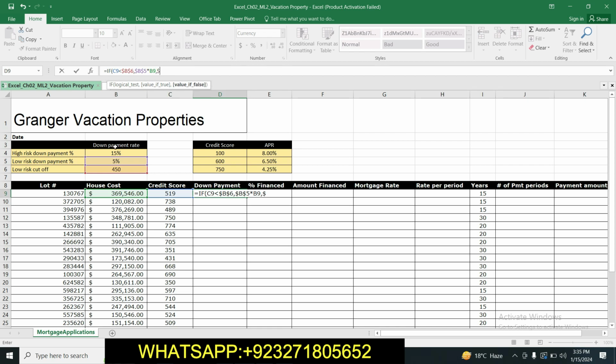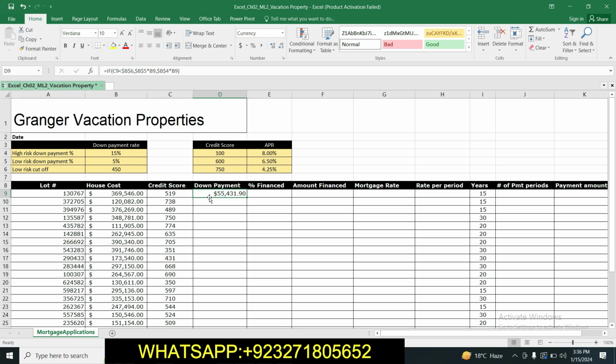Then write our high risk down payment. The high risk down payment is stored in B4. Multiply it by house cost, which is stored in B9. Press enter. We will calculate our down payment by using this formula.